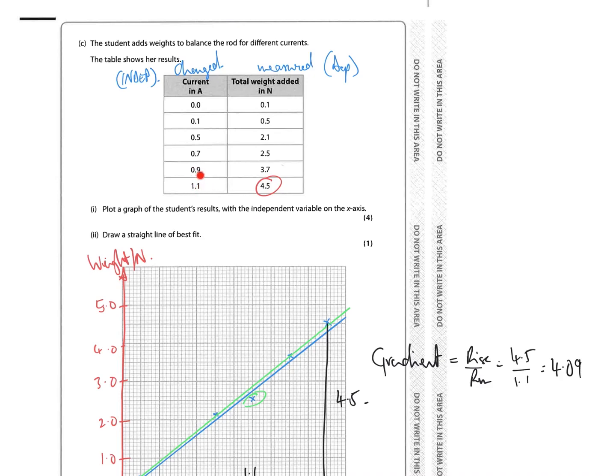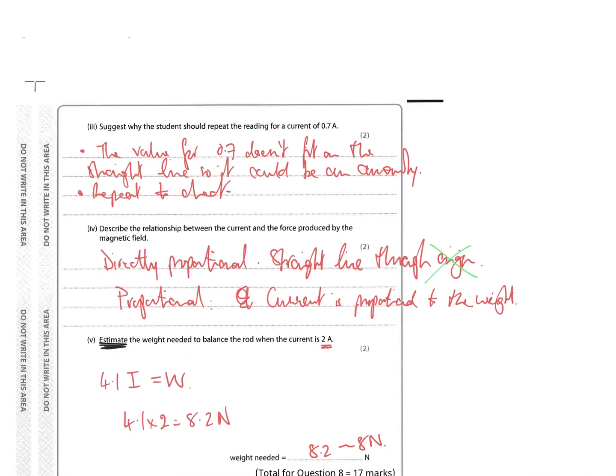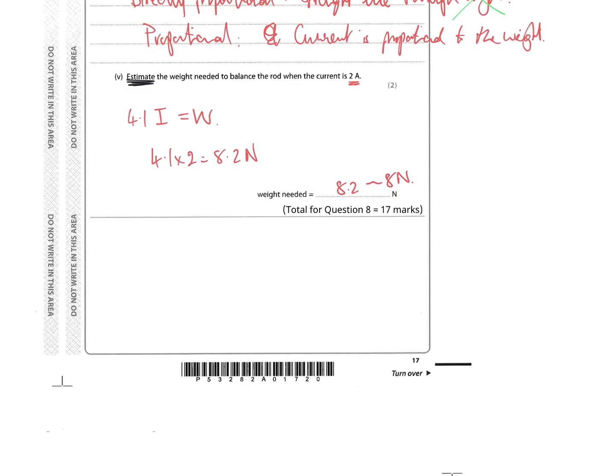Or indeed, if 1 amp is somewhere between those two, which is about 4-ish, then 2 amps is going to be something like 8-ish. If I haven't made that too complicated. It's an estimation. About 8.